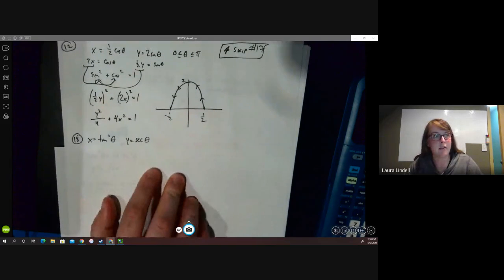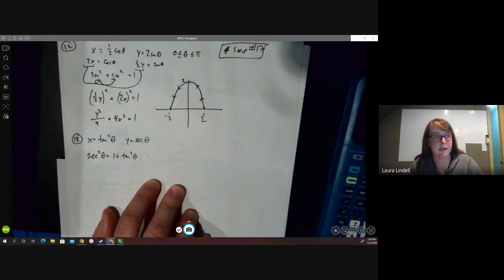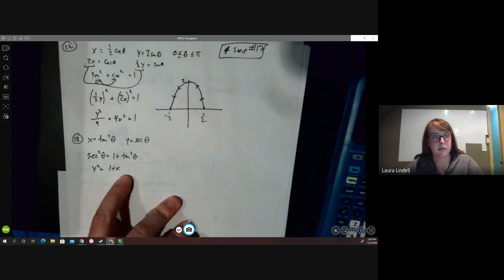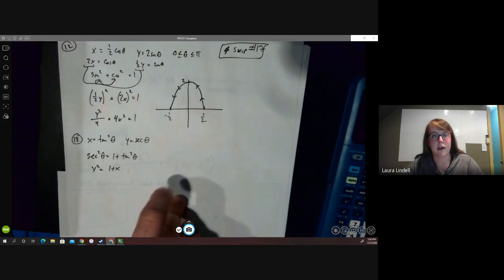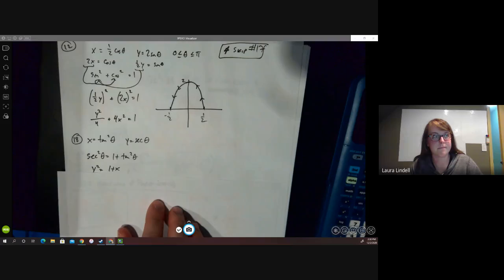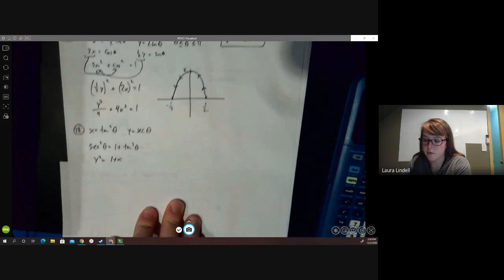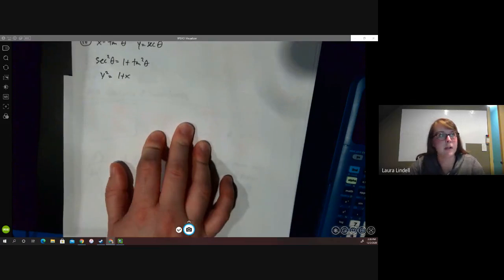The hint that I gave was that you're supposed to use this trig identity, secant squared equals 1 plus tangent squared. So then you end up with something like this, y squared equals 1 plus x, and then you still have to graph the parametric. Okay, so those were the homework clues and problems that we talked about.